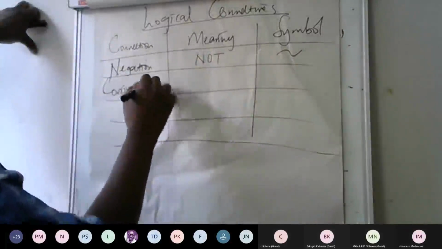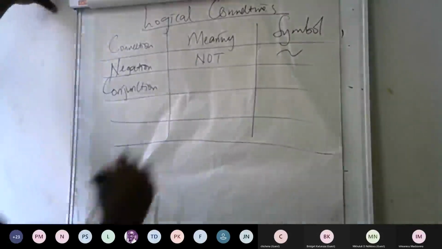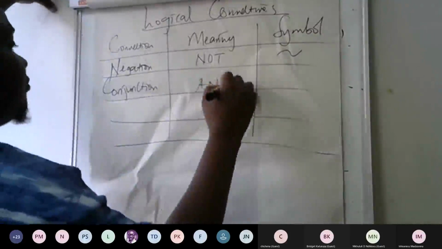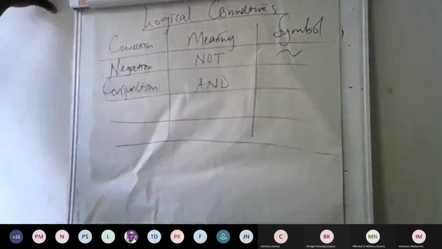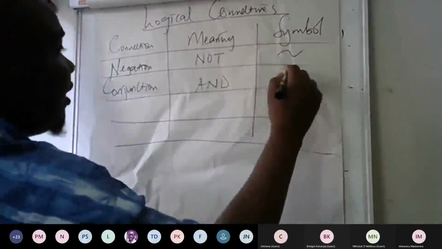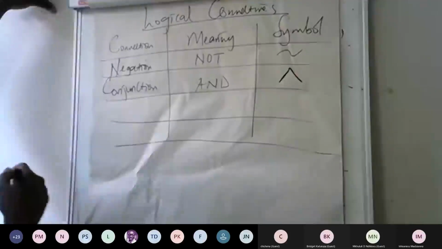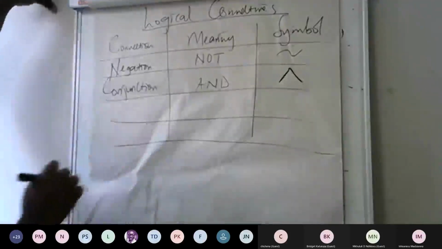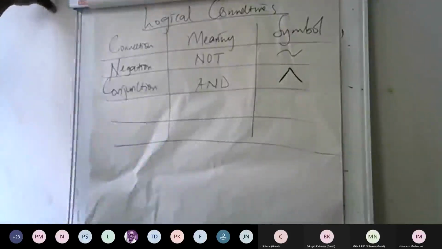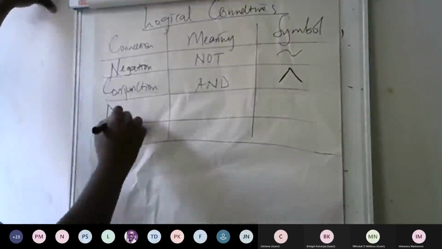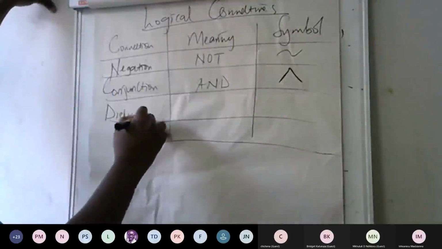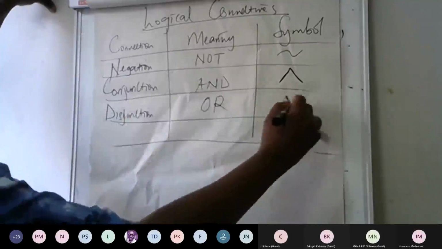Its meaning is and, and its symbol is like an upside down V. Then we have the disjunction. Its meaning is or. It's like a V like that.